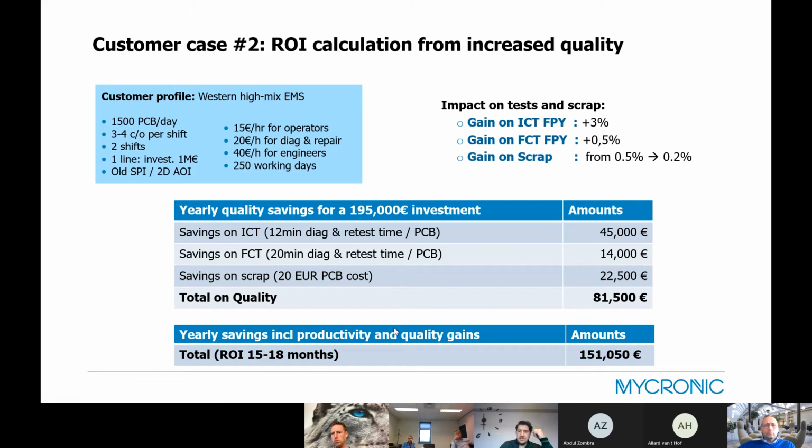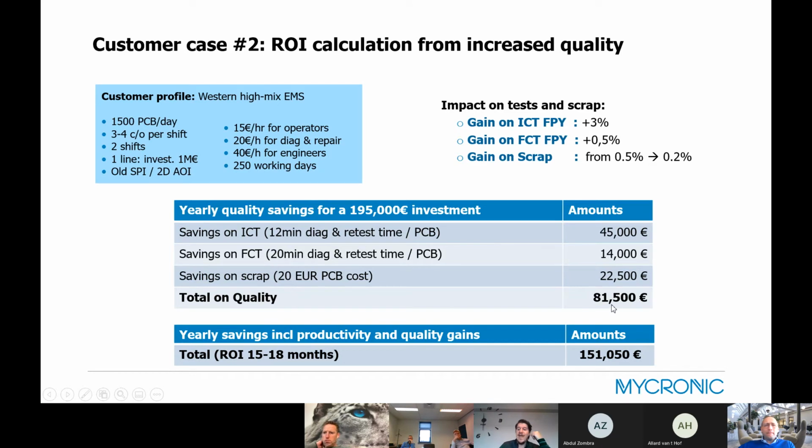On scrap it is the same, for sure, as for the functional test. On scrap it is 20 euros per board, by 1,500 PCBs, by 250 working days, by 0.3%, which we saved here. Then we are at 22,500 euros savings. All in all, we come down to 81,500 euros savings on quality for this customer.